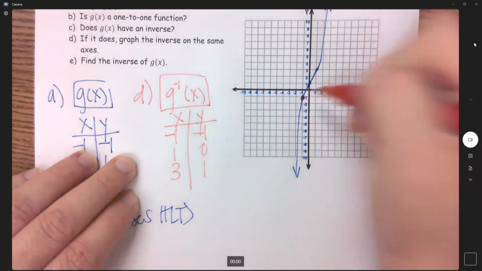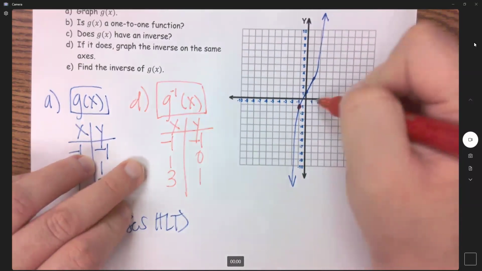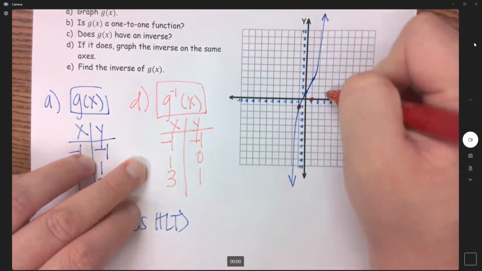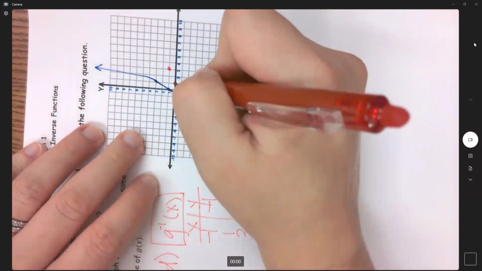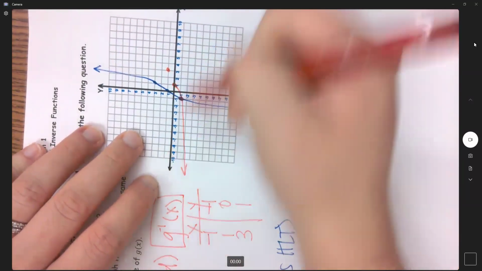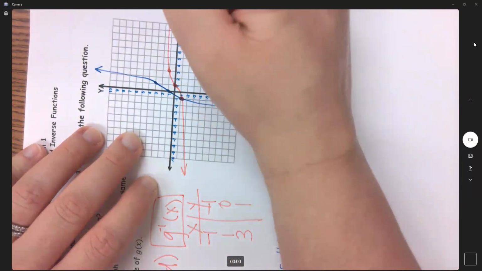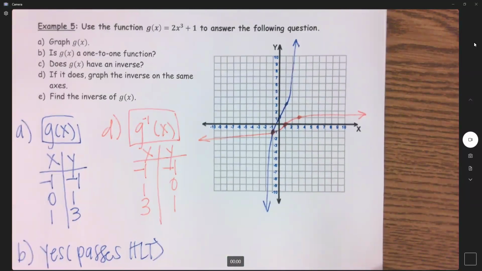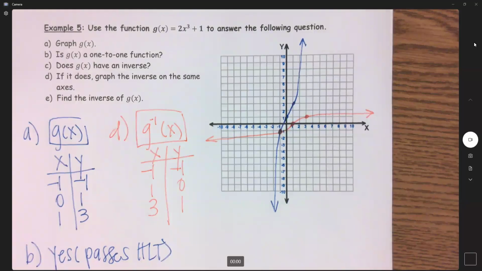So -1, -1 is on that same point. Then we have 1, 0, and 3, 1. And so this one is going to kind of snake like that in the opposite direction. So there is my inverse function.